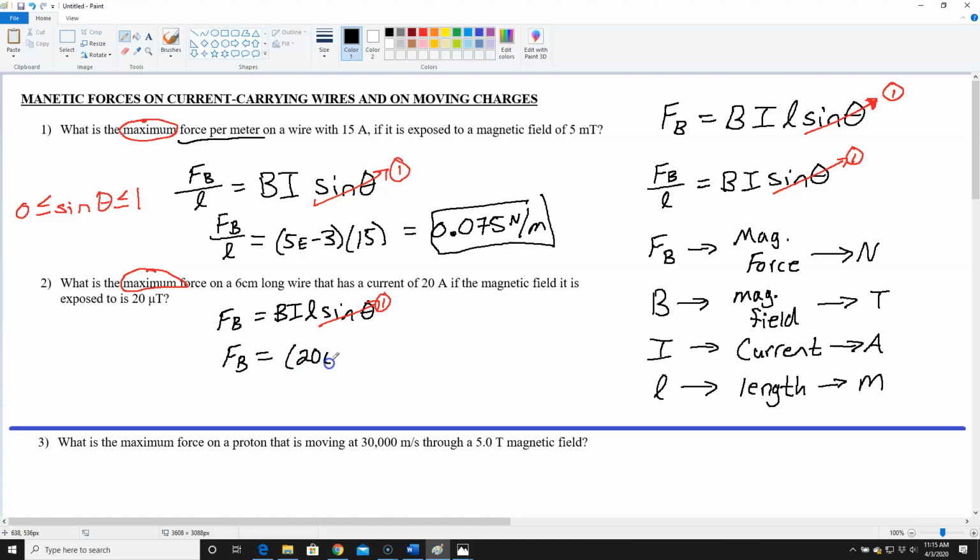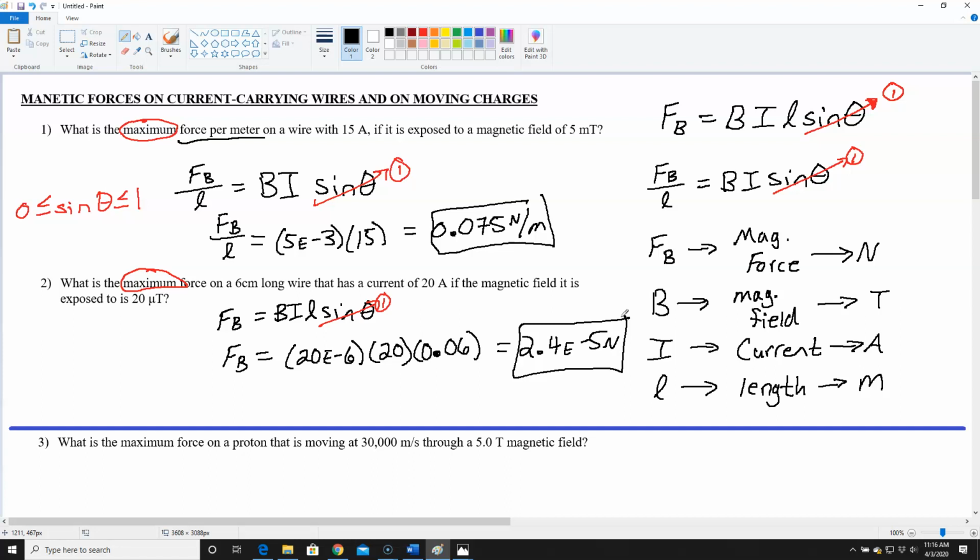So this would be 20 e negative 6, I is 20, and L is 6 centimeters. We have to convert that to meters, so 0.06. There you go, 20 e negative 6 by 20 by 0.06. The result is 2.4 e negative 5 newtons.